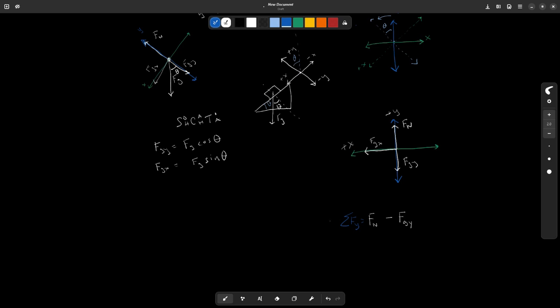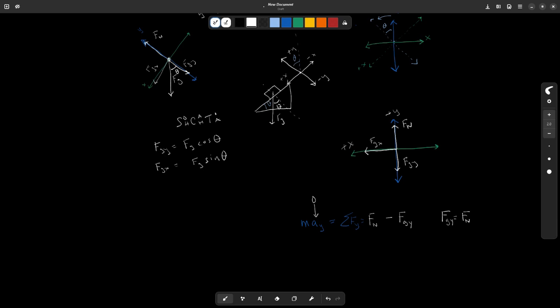And that should equal, according to Newton's second law, my mass times the acceleration in the y direction. Now, I know that the acceleration in the y direction, because it's not lifting off the inclined plane, and that's the direction I've defined as y, is 0. So my acceleration in the y direction should be 0, which just means that the force of gravity in the y direction just needs to be equal to the normal force.